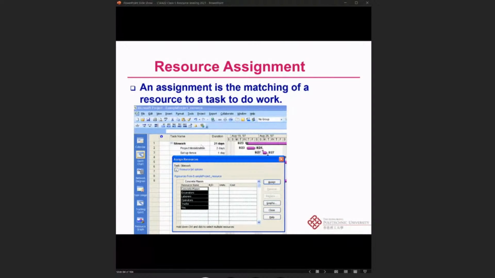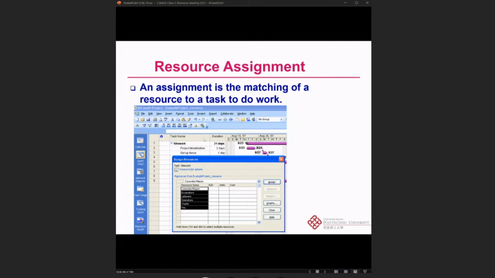For example, in the site work, in the project mobilization, you can see the list of resources that the site work needs, including the concrete mason, excavator, laborers, operators, trucks, and you. So this is a resource list. And then we can click on which resources we are going to assign to the site work.